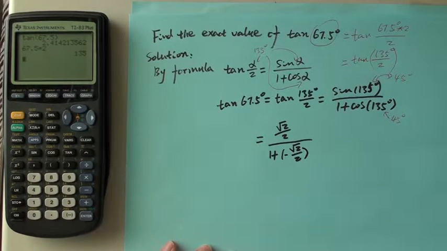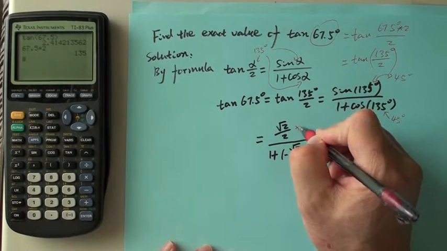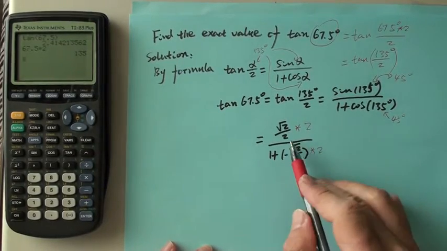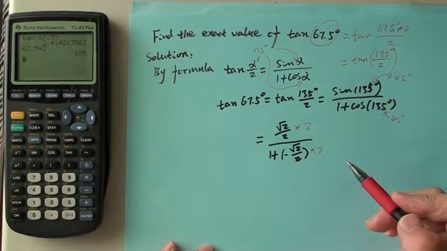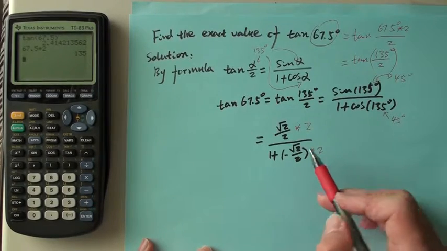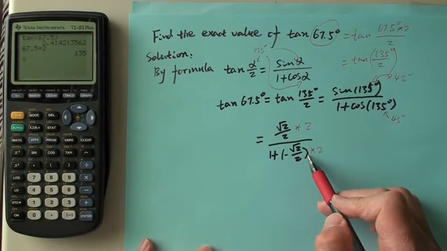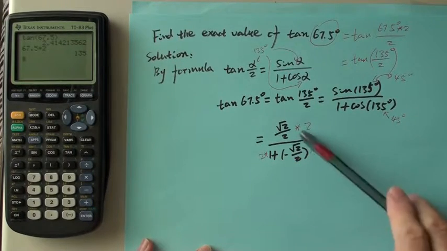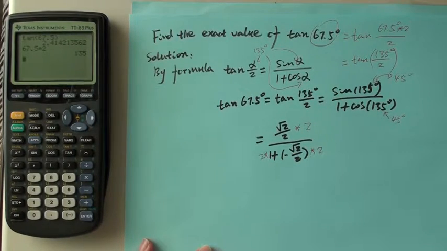Now, multiply both numerator and denominator by 2, because we don't like these 2s. The common mistake is that you multiply by 2 on one part and forget about the other. Everywhere needs to be multiplied by 2.